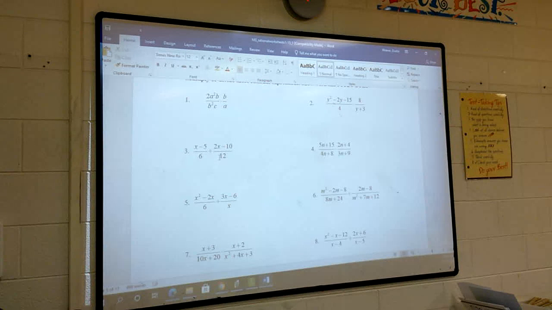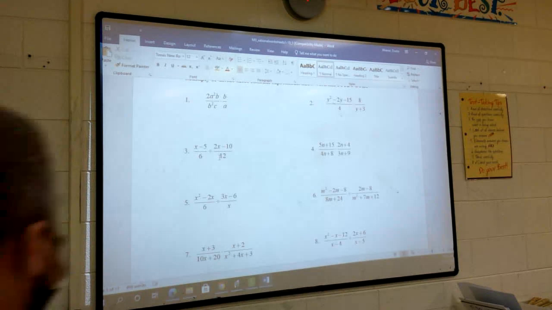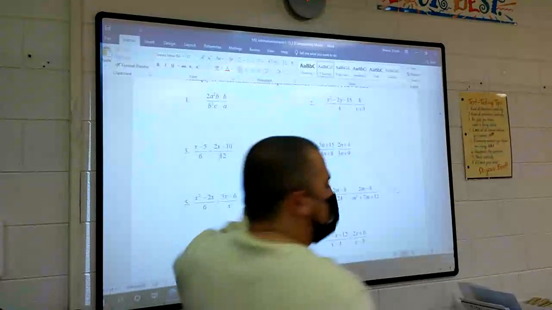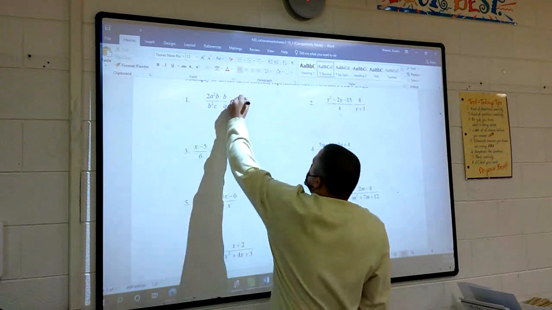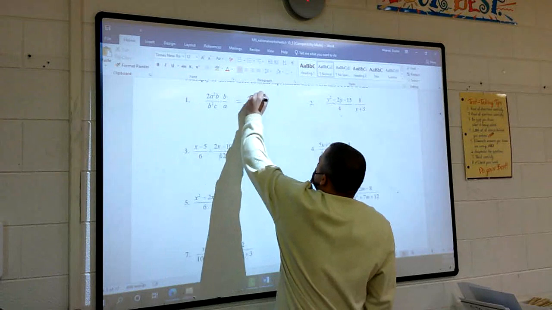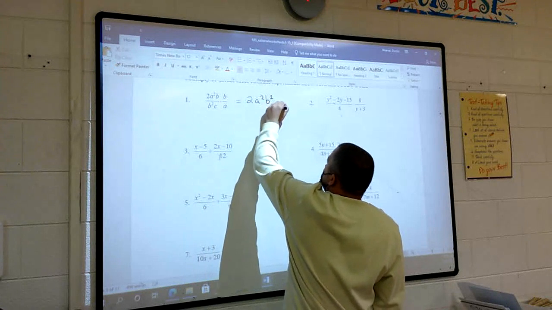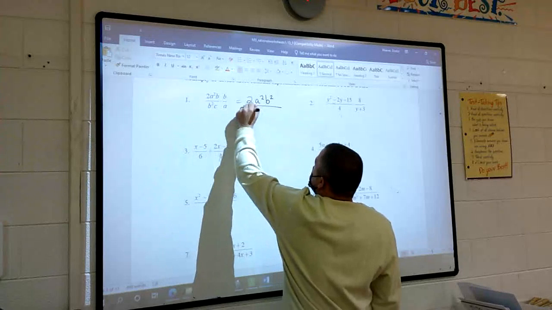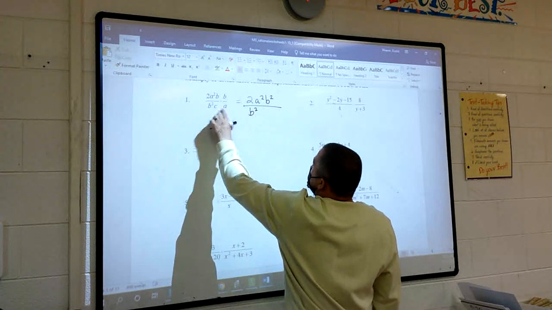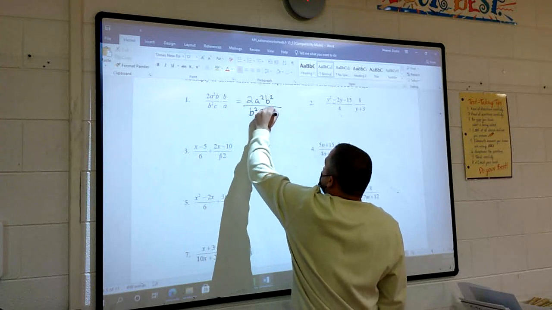So I'm going to go over number 1, and number 10, because I think people try to make these 2 harder than they really are. So number 1, you're supposed to multiply straight across if you can. So that's 2a squared, and then b times b is b squared over b squared, and then there's a c and an a, okay?